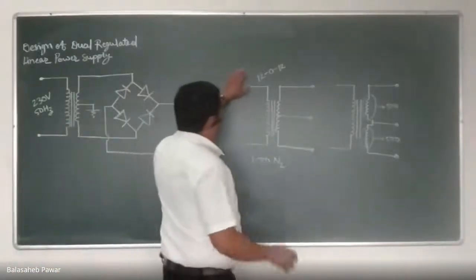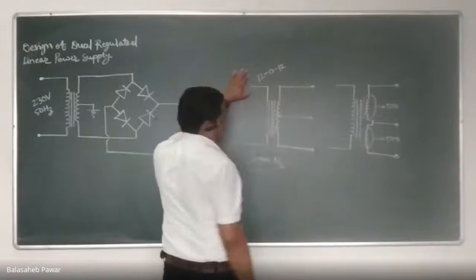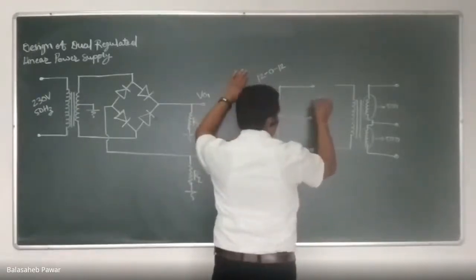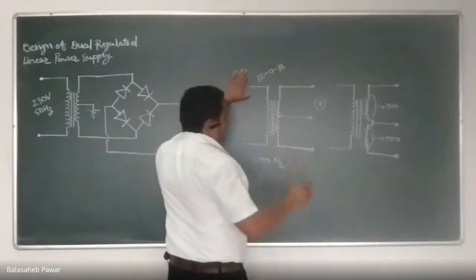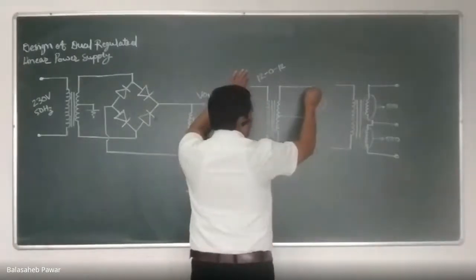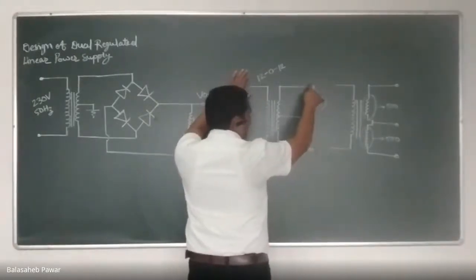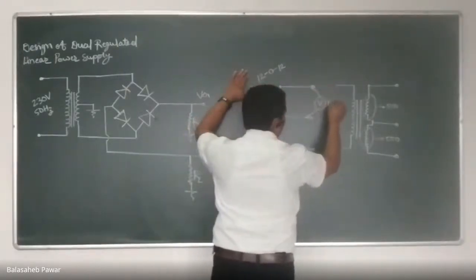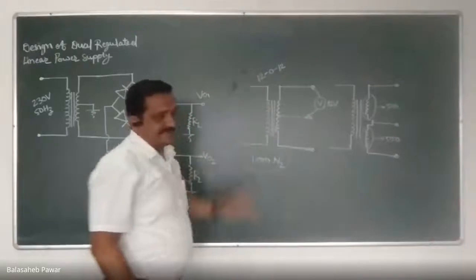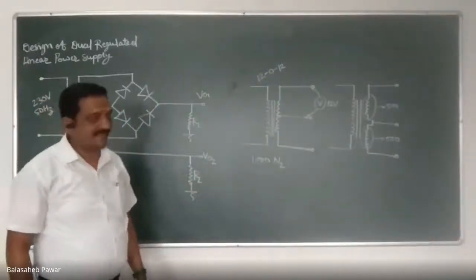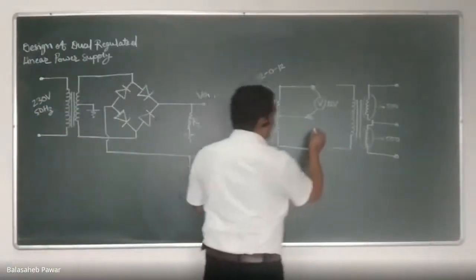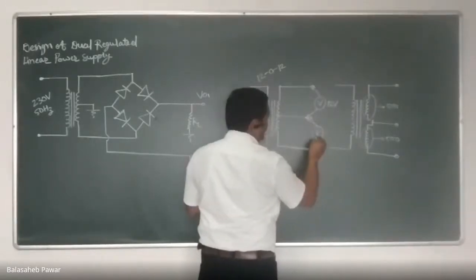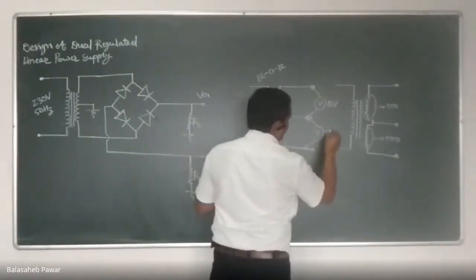Now first of all, see what is meant by this 12-0-12. It means if you take a DMM connected at AC measurement, and connect it at the outer terminal with respect to the center tap, it will measure that voltage as 12 volt AC. Similarly, if you do the measurement across the remaining half secondary, again it will be 12 volt.